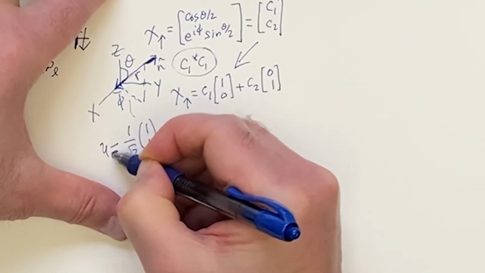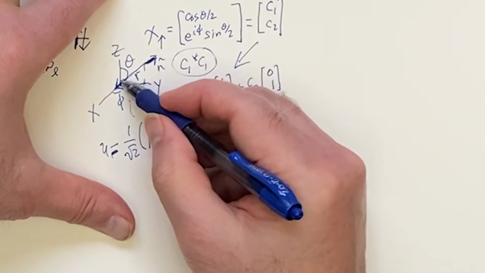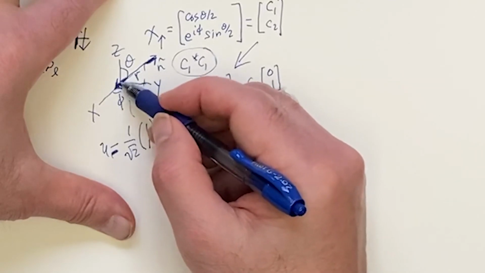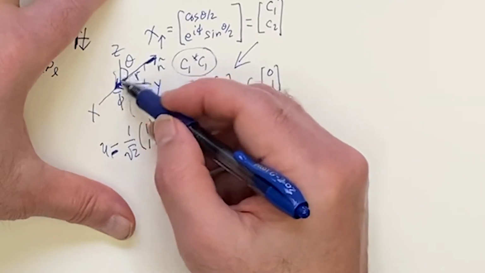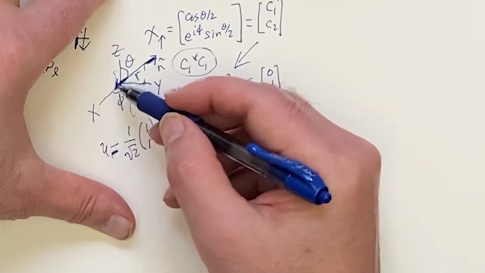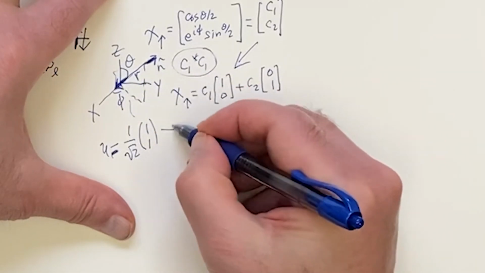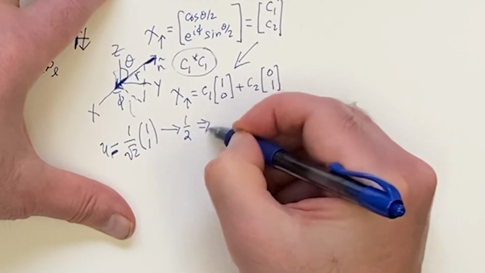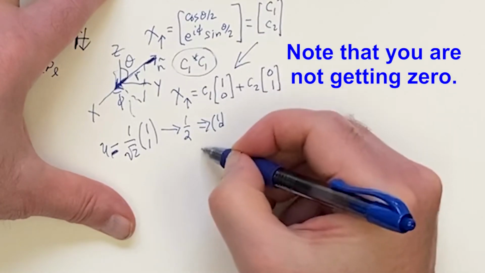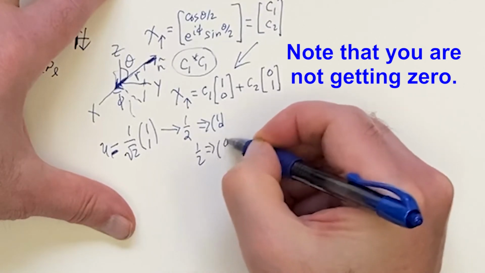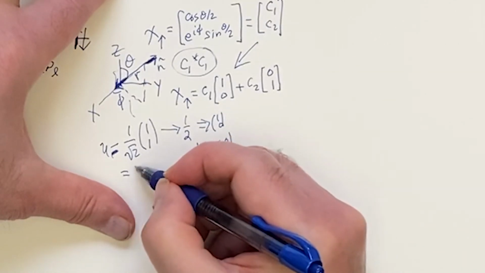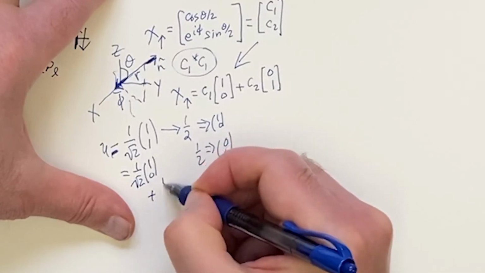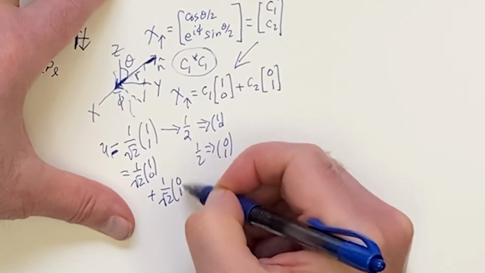And we call that U. Now, if you want to make the measurement along the Z direction, notice that this is 90 degrees with respect to the Z direction. There's no preferred direction, up or down. You're going to get 1/2 of the time up and 1/2 of the time down, because you can write this as 1 over the square root of 2 times (1, 0) plus 1 over the square root of 2 times (0, 1).